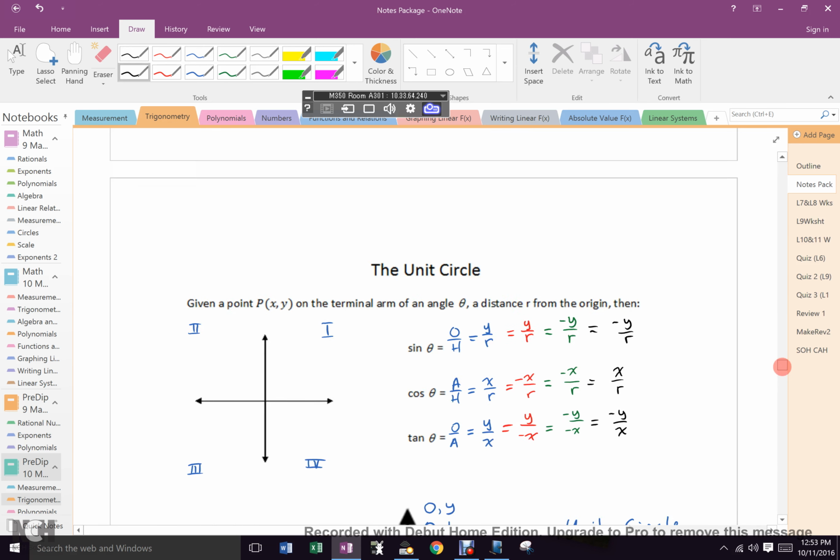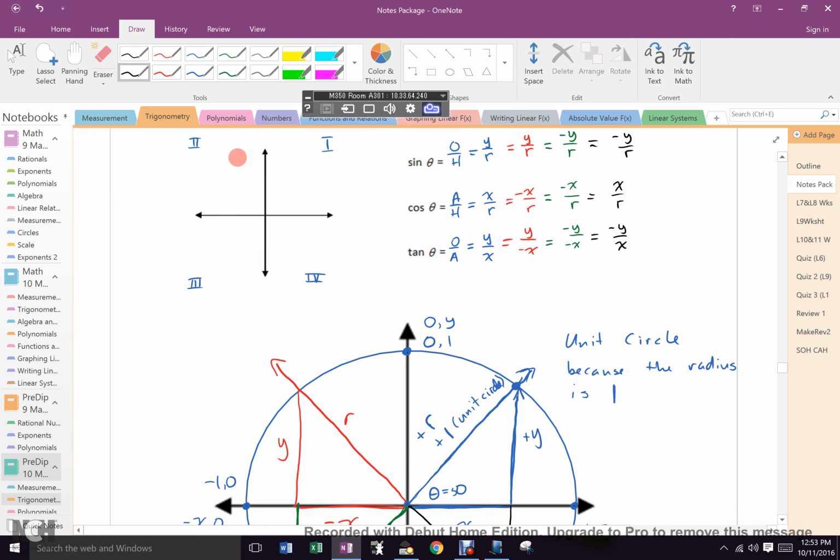So, on this chart right here, which of these is positive in quadrant 1? Quadrant 1 is the blue. Are they all positive? So we're going to write an A there because they're all positive. What's positive in quadrant 2? That's the red.